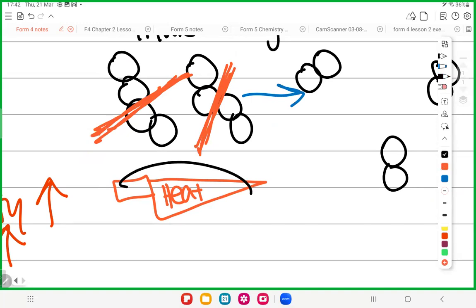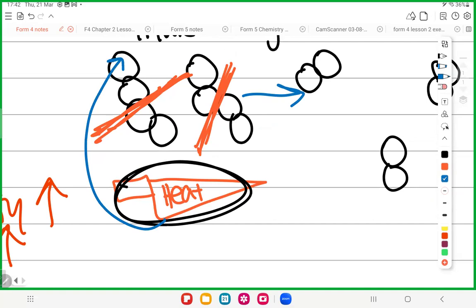So when you use all the heat to do cutting, can the heat enter the particle? Yes or no, everyone? When you use the heat to do cutting, do you think that the heat can go inside the particle? Yes or no? No, right?